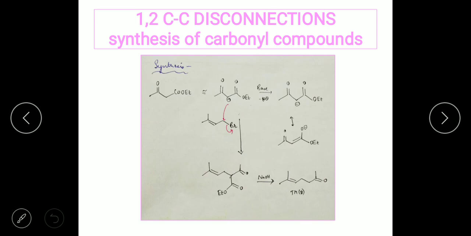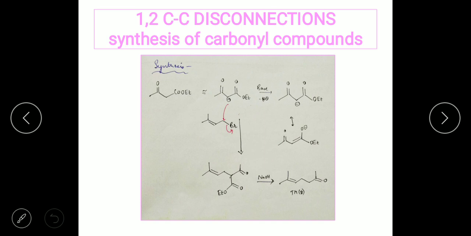So now when you look at the synthesis, you have the starting material, and this can also be written in this form. Now here there is a possibility of deprotonation of the alpha carbon, because there are two carbonyl groups present adjacent to the carbon atom, that is carbon atom 3 here.